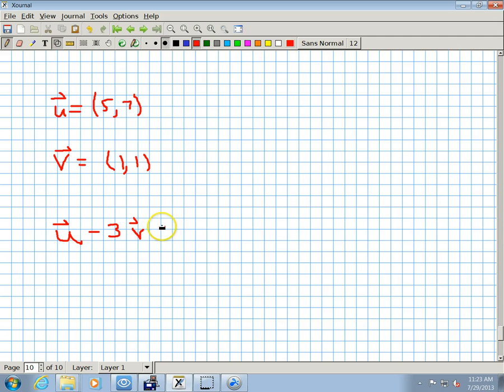So it's the same thing as saying U, which is 5, 7, plus 3 times V, which is 1, 1, but 3 times V is going to be 3, 3. So you got 5, 7 plus 3, 3 is going to be what?